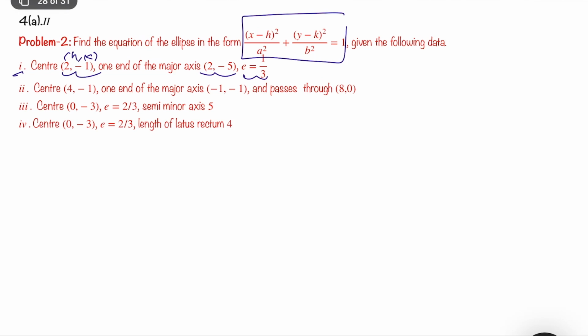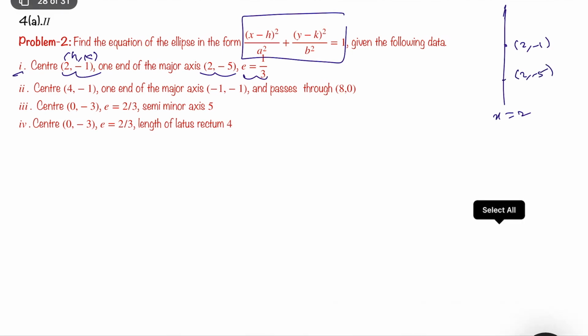Here you can see that the center and this one end of the major axis lie on vertical line x equal to 2. Okay, here center could be somewhere 2 comma minus 1, then one end of the major axis is going to be somewhere here. Okay, 2 comma minus 5.